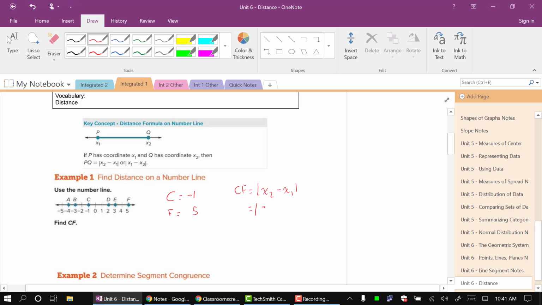So this equals 5 minus -1. Well, minus negative turns into a positive, so this equals the absolute value of 5 plus 1, which is the absolute value of 6. So this is just going to be 6.